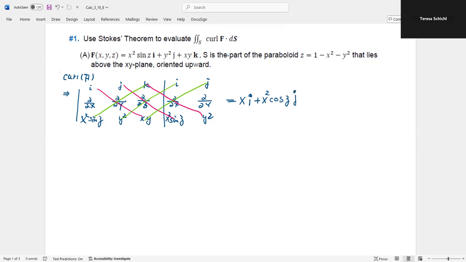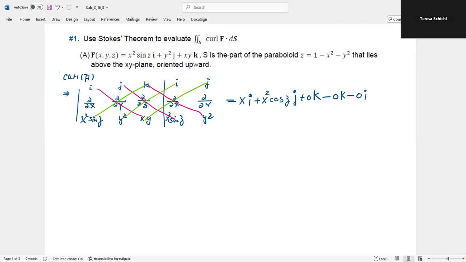For k, row x, row y gives 0k. For the minus terms, the k component is x squared z, row y, giving 0k. Here, row z with y squared gives 0i.